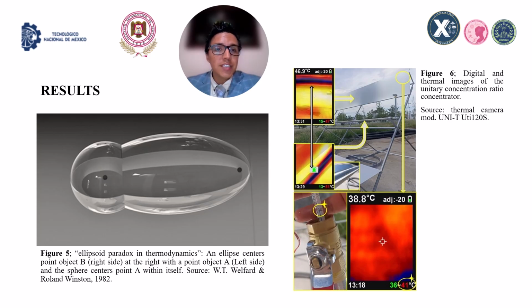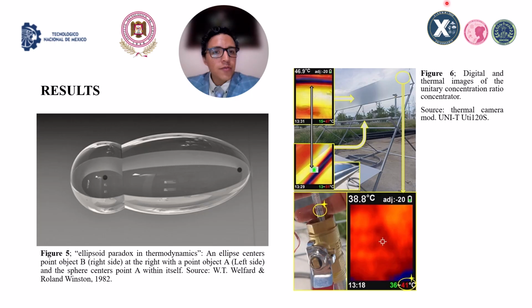Here is the first observational analysis performed at the first concentrator designed. The thermal images here were taken using an uncooled infrared focal plane array thermal imaging sensor camera, model Unity UT20S. Observe these three pictures, one from the receptor, another from the whole plate, and the third one closer to the reflective area.